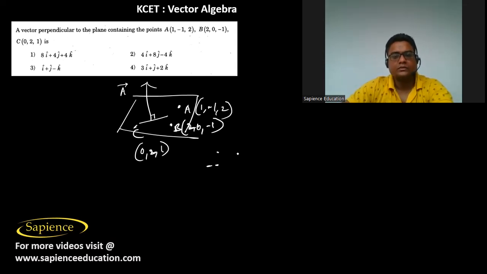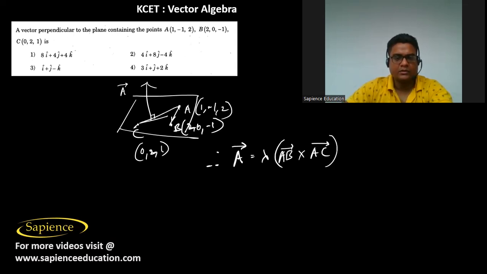So now the vector A, we can say that will be in the direction of some lambda times AB vector cross AC vector.